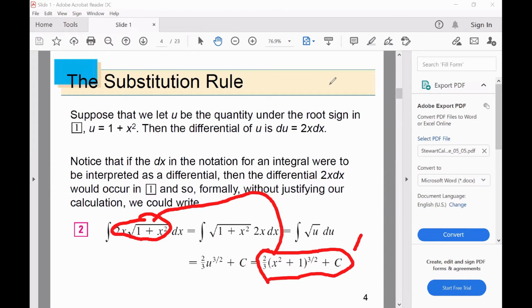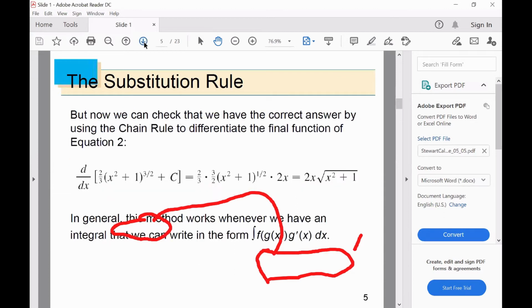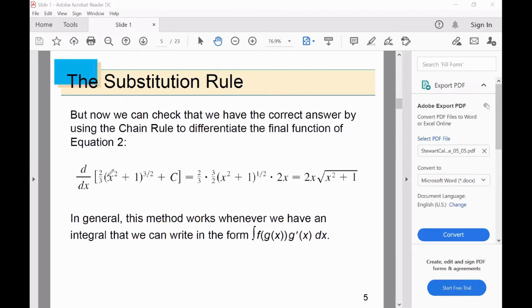Sometimes when the derivative is hard, we can verify as I said now. The derivative of the constant is 0. However, here we have 3 over 2 times x squared plus 1 to the 1 over 2, because 3 over 2 becomes 1 over 2 when we subtract 1, times the derivative of this expression.